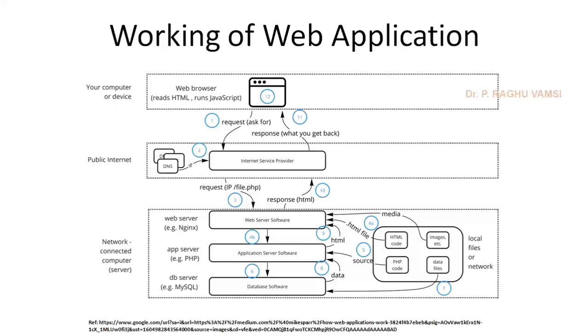There will be a computer or device which has a web browser, because here web browsers should also be upgraded properly. Otherwise, what will happen? There may be some flaws available in the web browsers. Those flaws will also become a main source for the attacker to target.